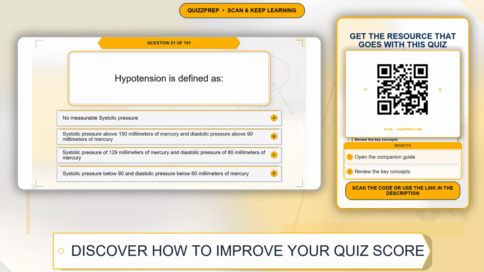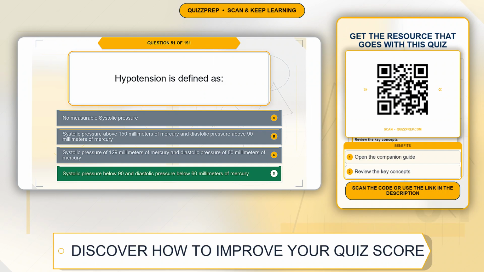Question 51. Hypotension is defined as option A, no measurable systolic pressure. Option B, systolic pressure above 150 mm of mercury and diastolic pressure above 90 mm of mercury. Option C, systolic pressure of 129 mm of mercury and diastolic pressure of 80 mm of mercury. Option D, systolic pressure below 90 and diastolic pressure below 60 mm of mercury.